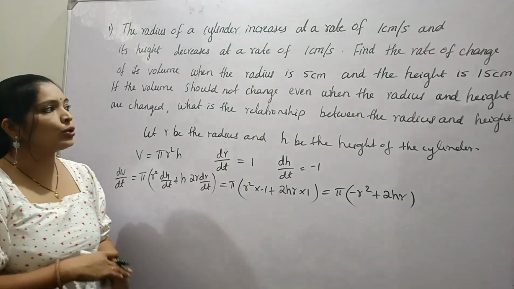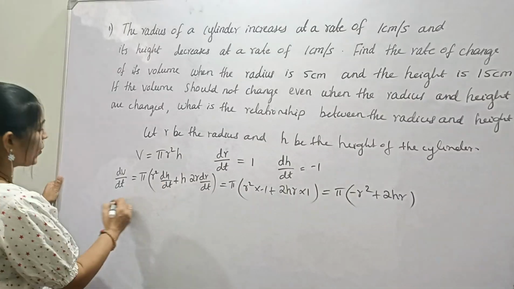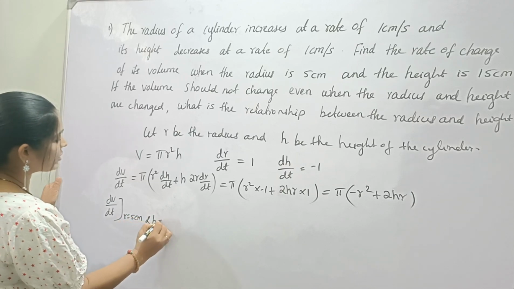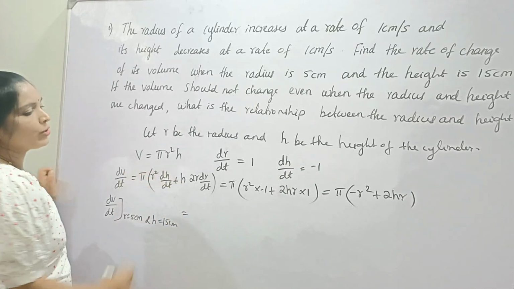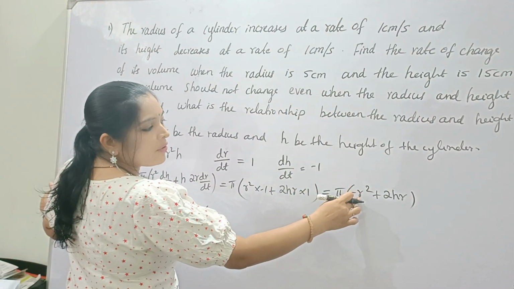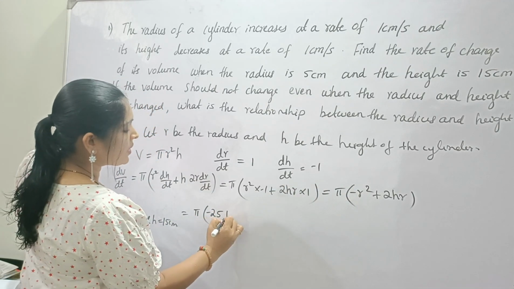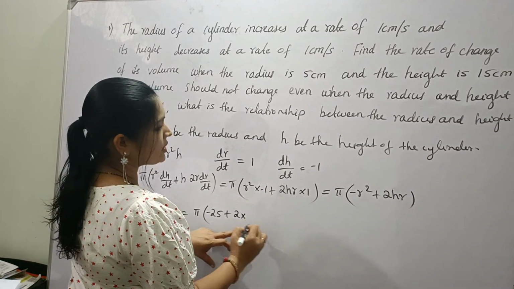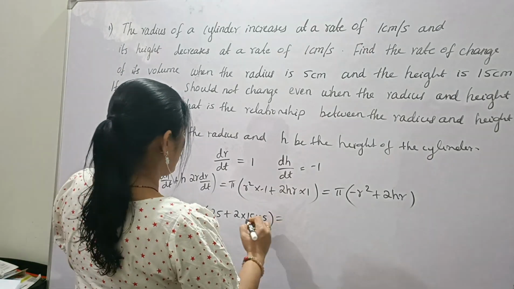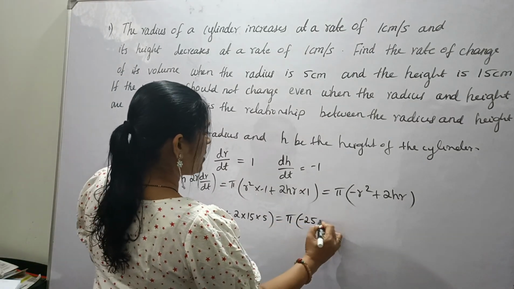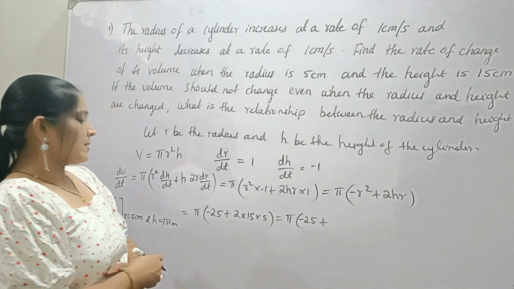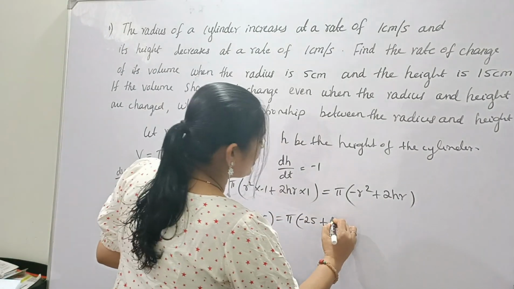So let's substitute r is equal to 5 and h is equal to 15. dV by dt is equal to pi into minus of 5 square, that is -25, plus 2 into 15 into 5, that is 75 into 2, 150.